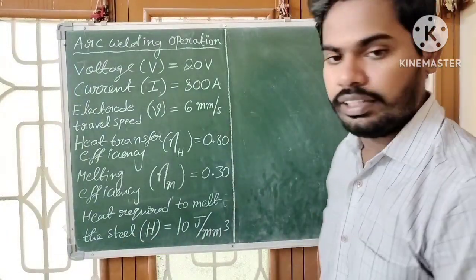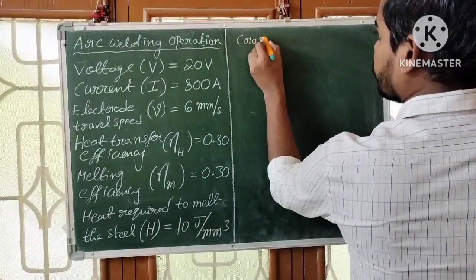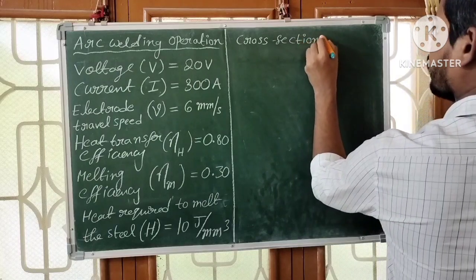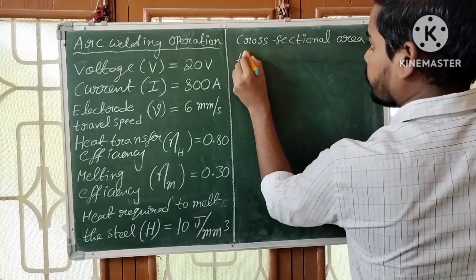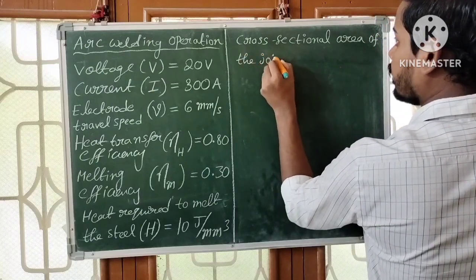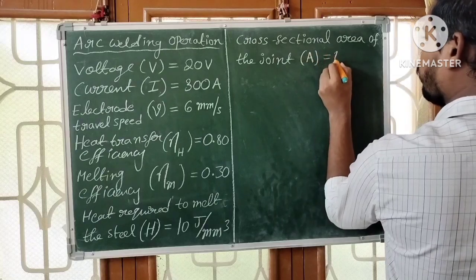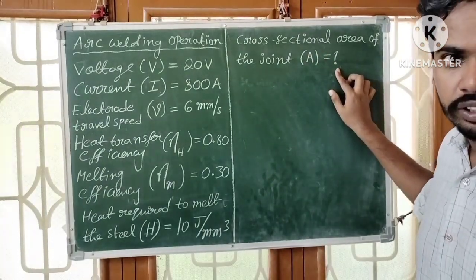This is the given data. So at last we have to find the cross-sectional area of the joint, denoted by capital A. So this is the question: what is the cross-sectional area of the joint?